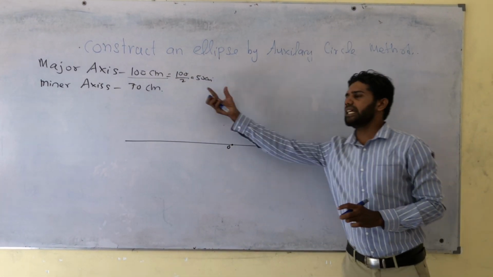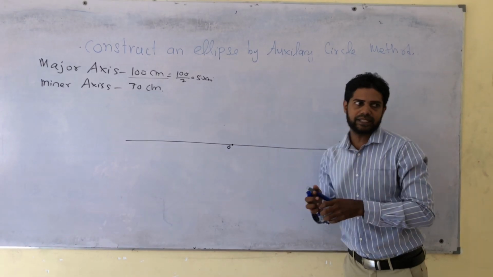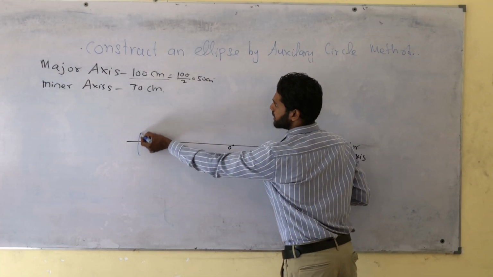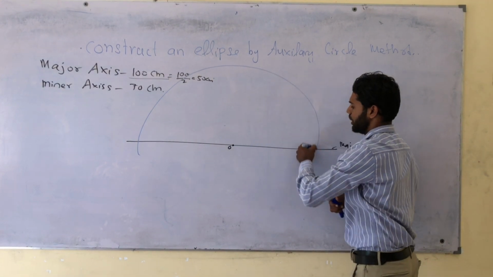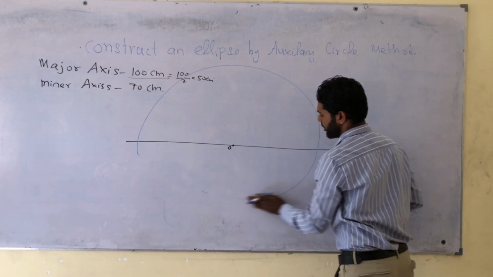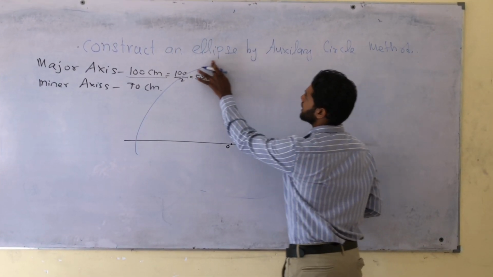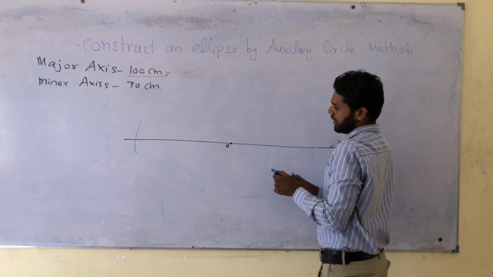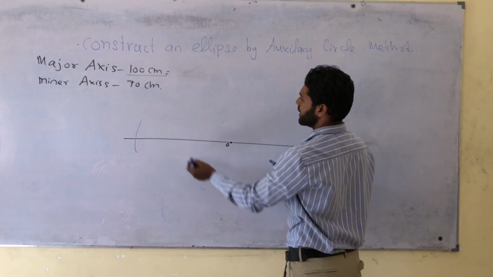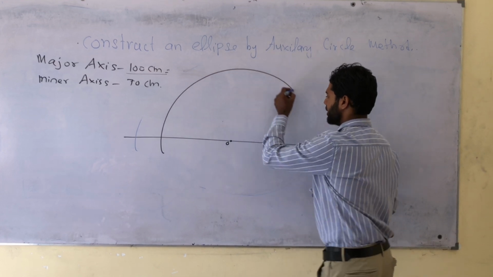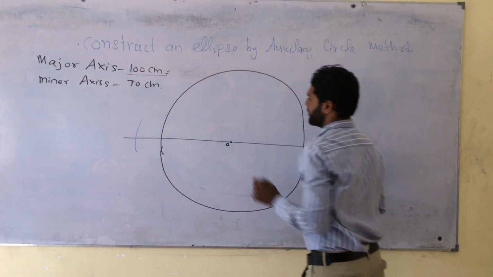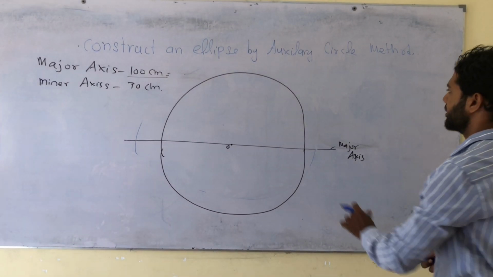Then it will come 50 centimeter. Take 50 centimeter as a radius and draw a circle. I will draw a simple circle here.